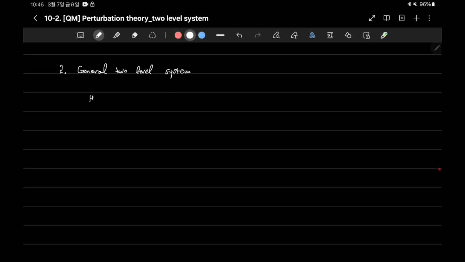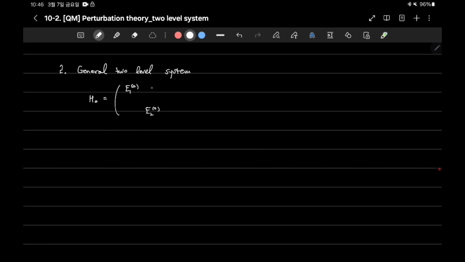Basically, here H0 is the well-defined energy eigenvalue, so it is a diagonalized Hamiltonian in the zeroth order, with E10 and E20.